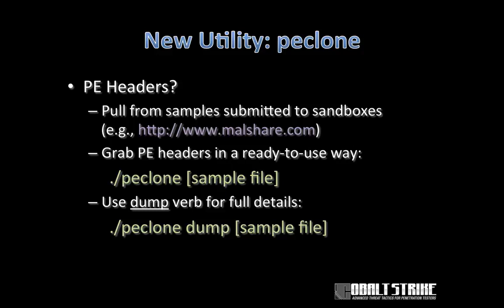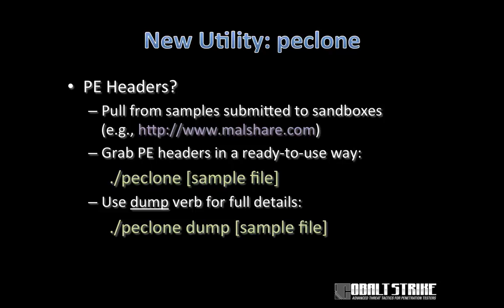This utility happens to ship with the Linux package of Cobalt Strike. What does PE clone do? It takes an executable or a DLL and pulls out the various headers and values that Cobalt Strike can spoof and gives you back a block that you can paste right into your malleable C2 profile.